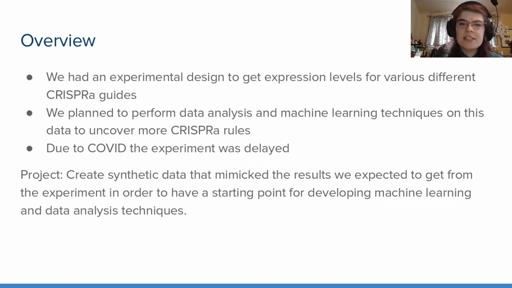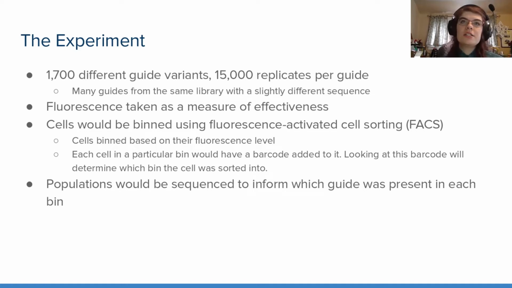So to deal with that delay, the project that was proposed was to create synthetic data that mimicked the results we were expecting to get from the experiment, in order to have a starting point for developing analysis techniques. The experiment was going to consist of us testing 1,700 different guide variants with 15,000 replicates per guide.